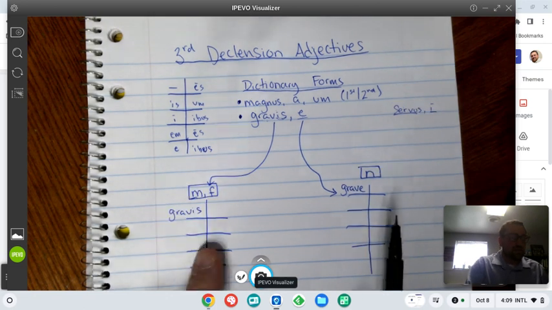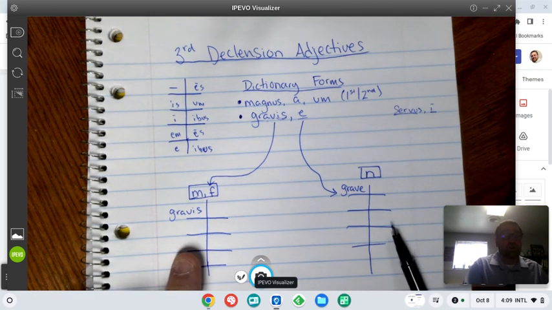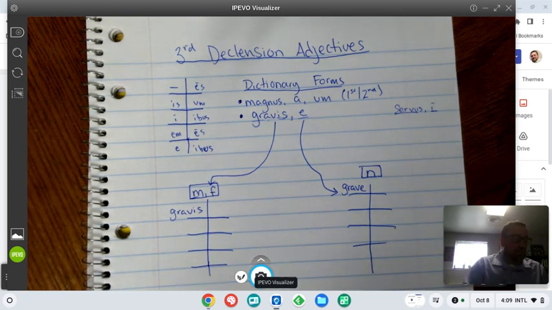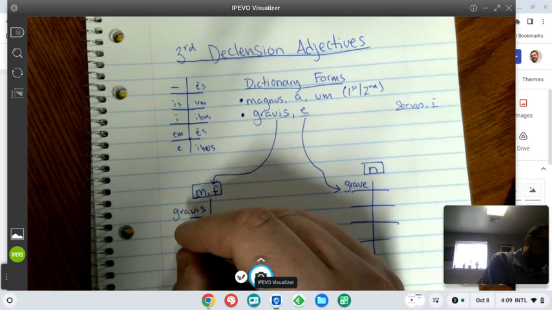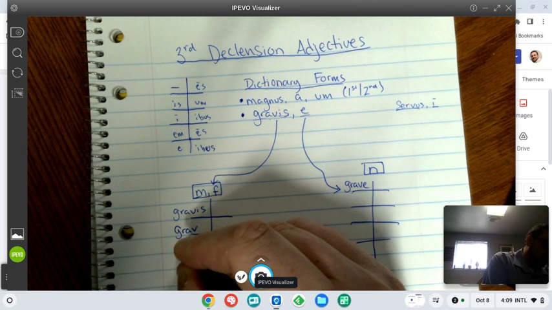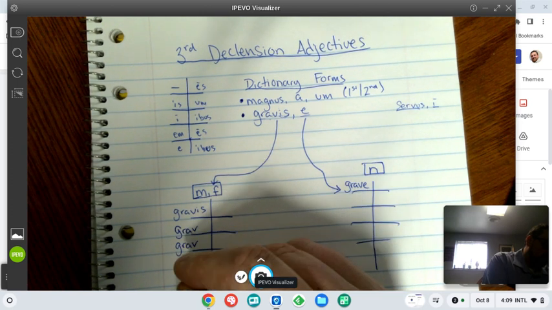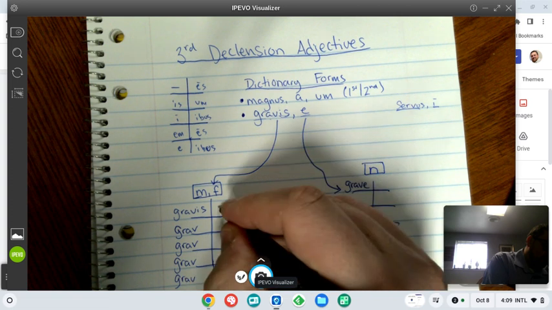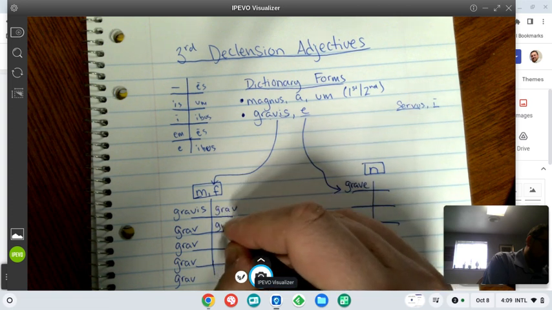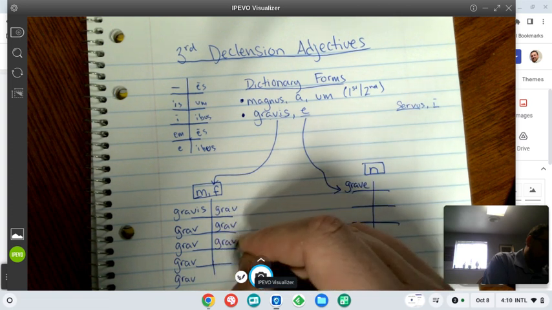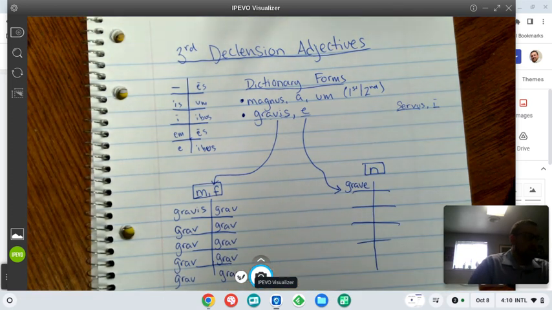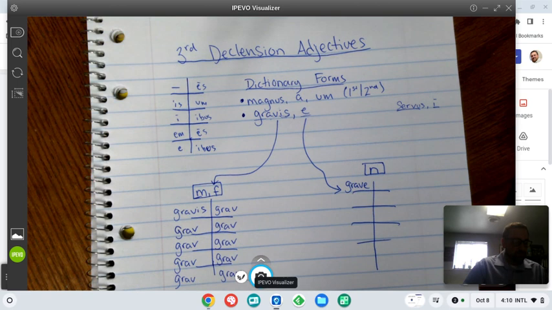But with third declension adjectives, all third declension adjectives are i-stems. And that's going to mean that grav, which is our stem, I'm going to go ahead and fill grav in. And then I'm going to switch colors.